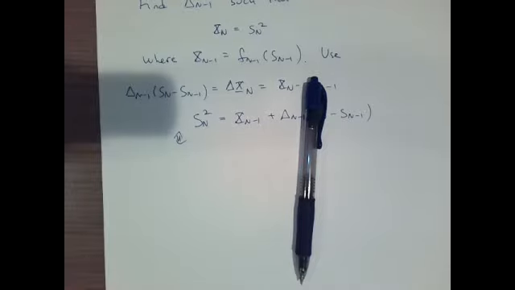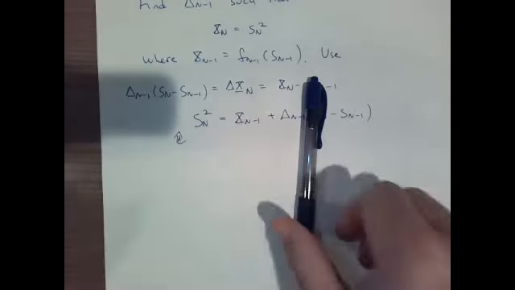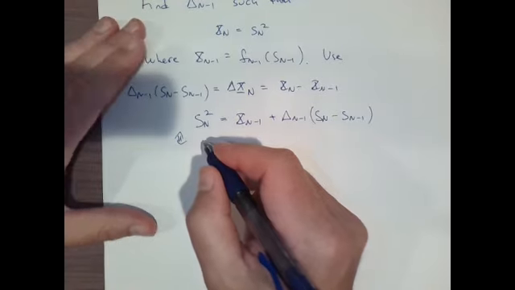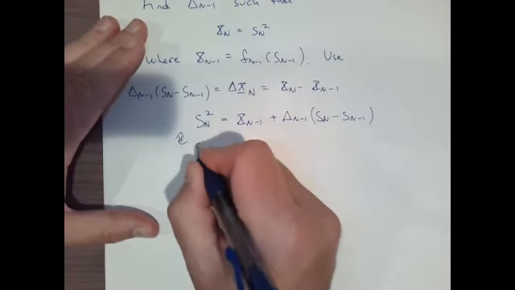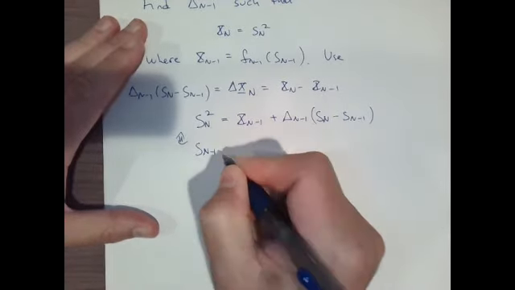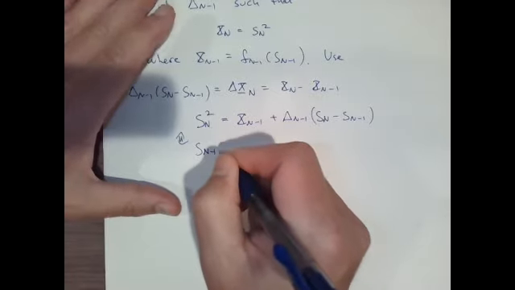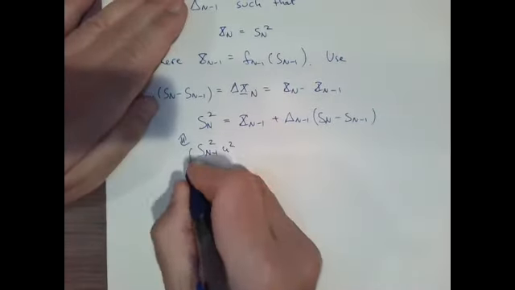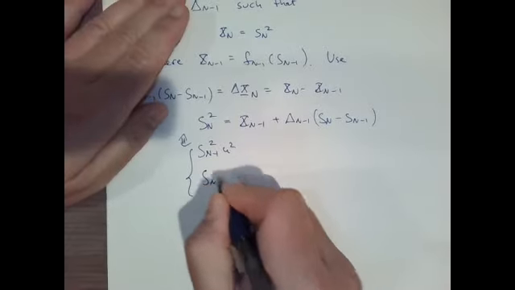I can write Sn here as Sn minus 1 times my psi. So psi can be either u or d. So I'll get a pair of equations here.